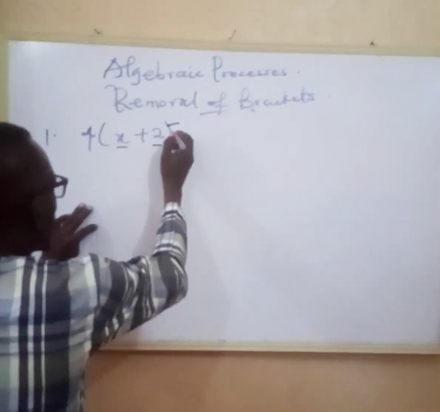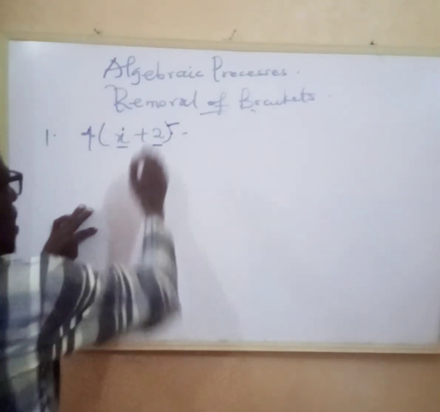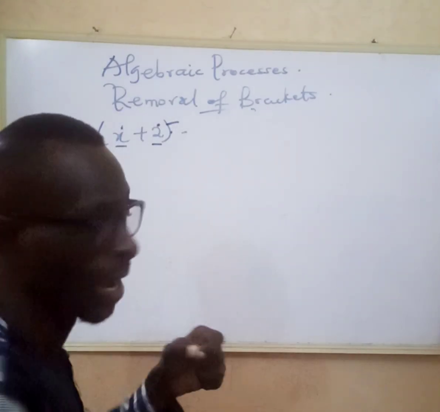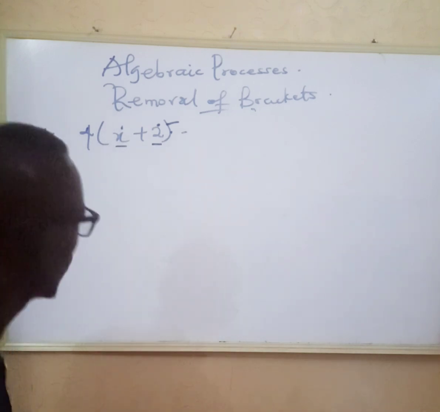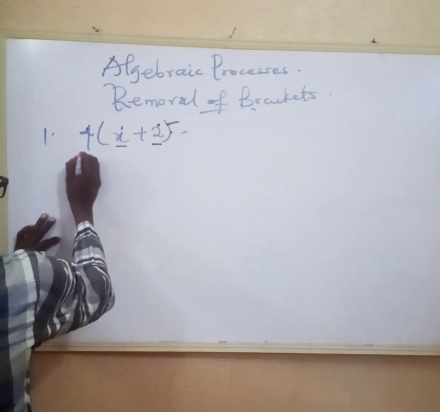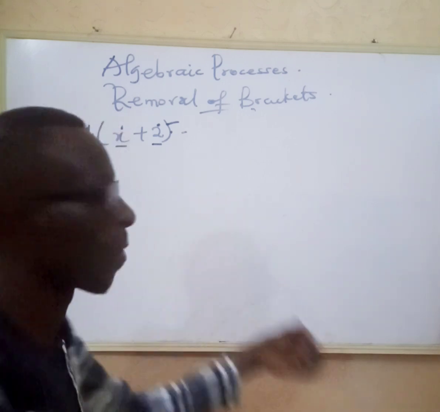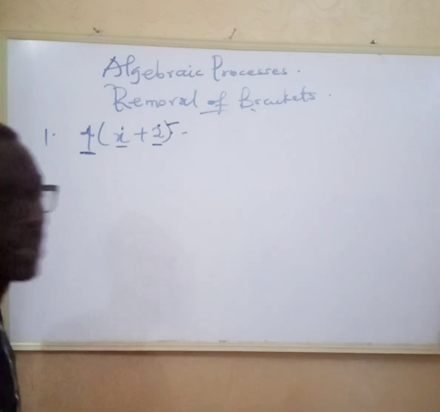So this is the pack of the blender, this is the engine inside it, that is the processor, and this 2 simplifies the core. So the 4 here, being a term, means that we have 4 blenders.